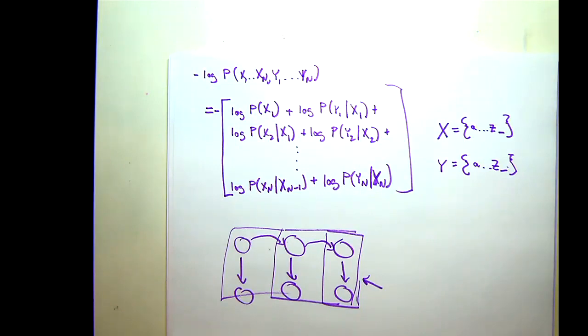And then there's a probability for each. For a bigram model, there's a probability of going from A to B, A to C, B to A, B to B, B to C, that sort of thing. And then there's a probability that if X is equal to A at time 1, you emit an A at time 1, meaning that Y is equal to A at time 1. That's the kind of thing that these states and the observations would take.